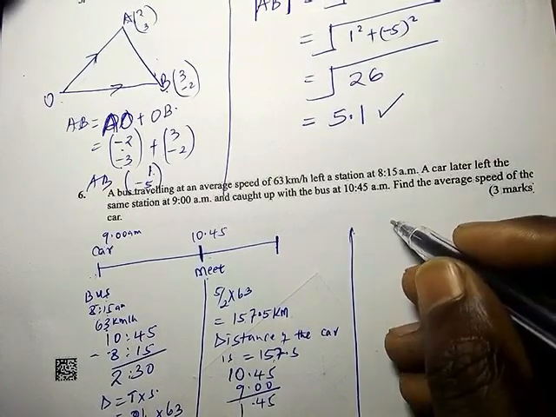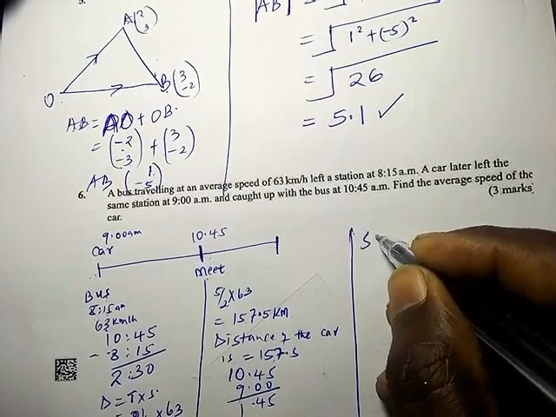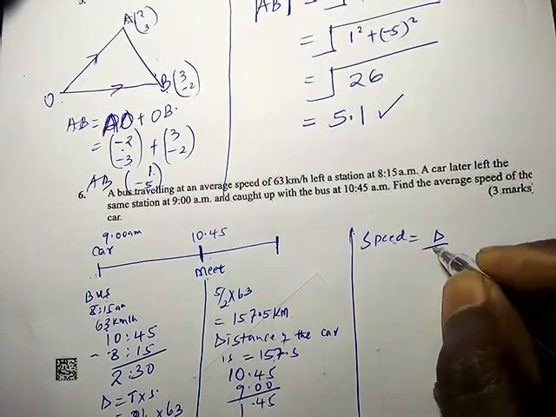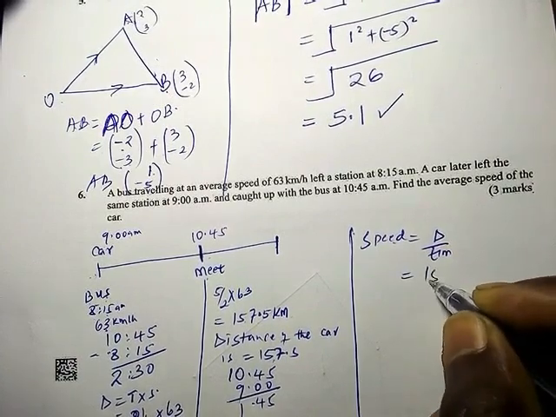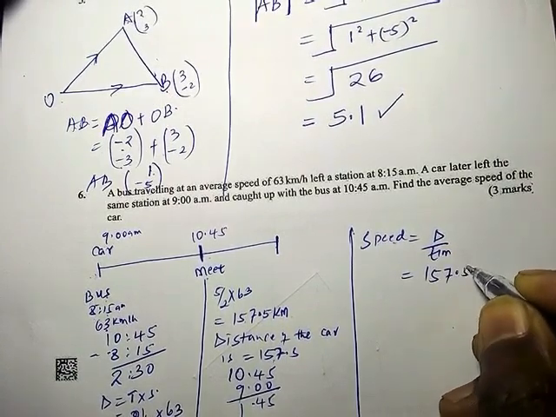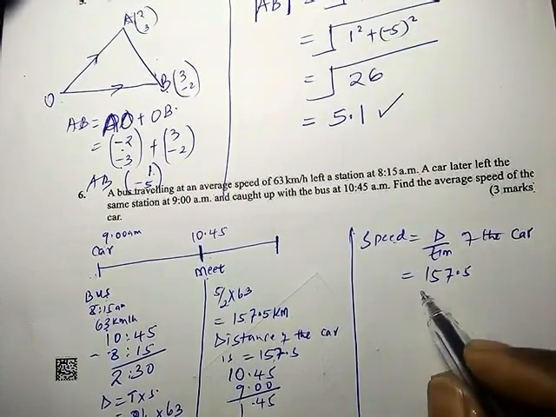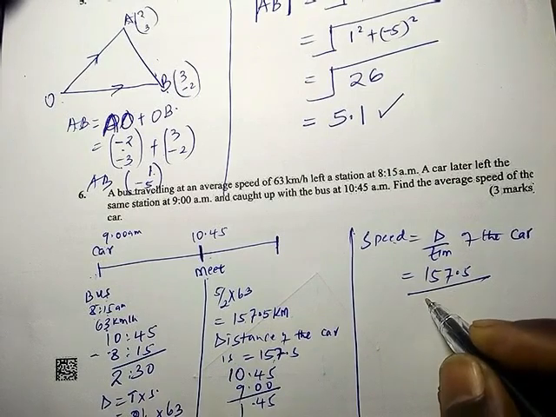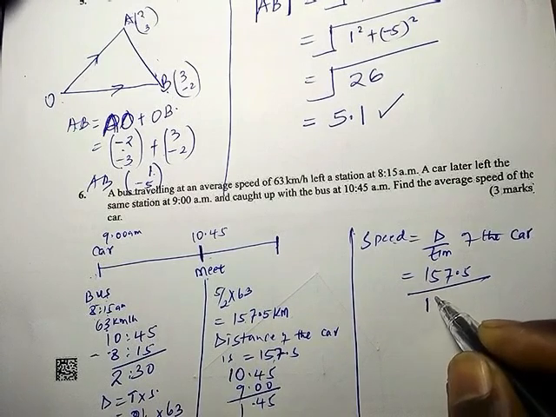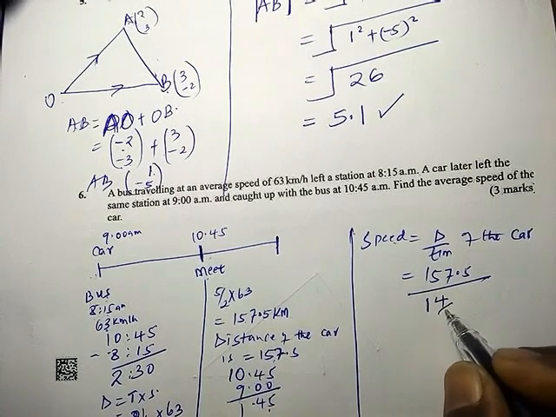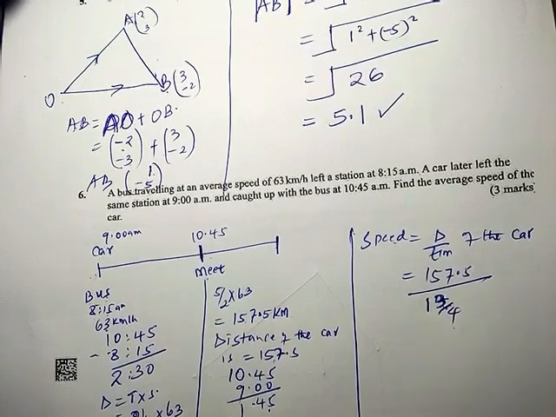So we can get the speed there then. We know speed is equal to distance over time. The distance is 157.5 of the car, that's the speed of the car, divided by the time it took, that is 1 hour and 45 over 60, it's going to be 3/4.